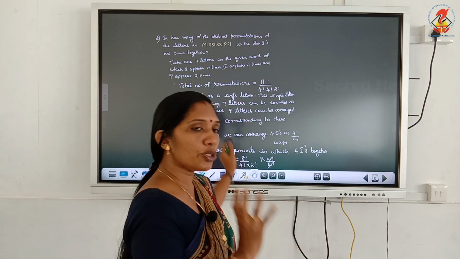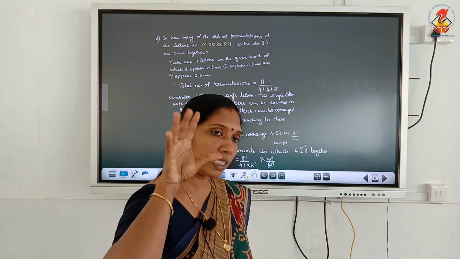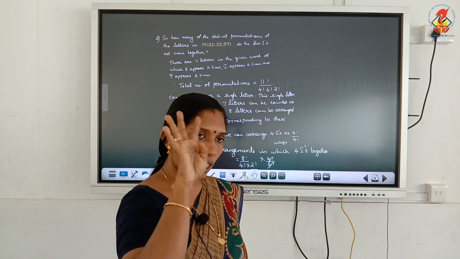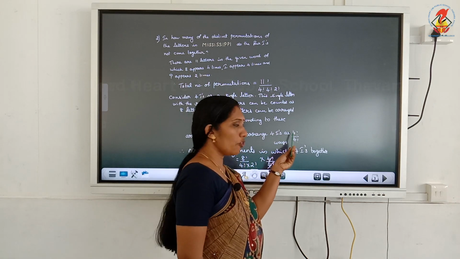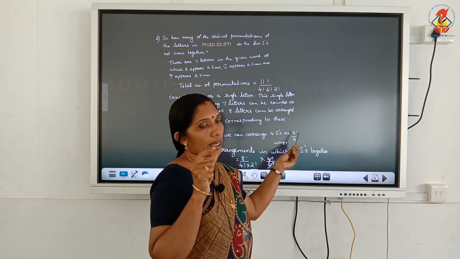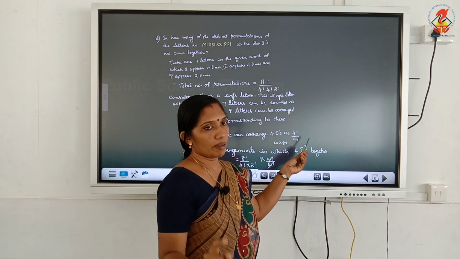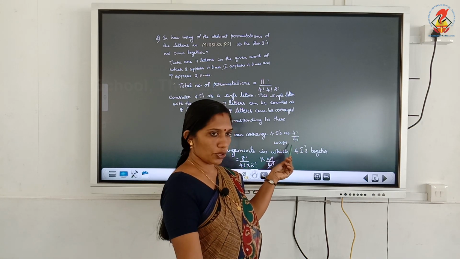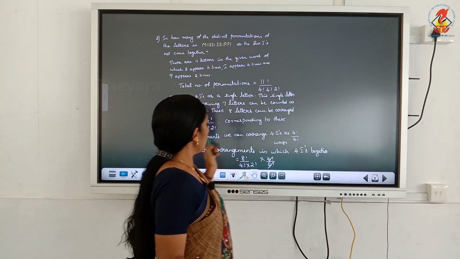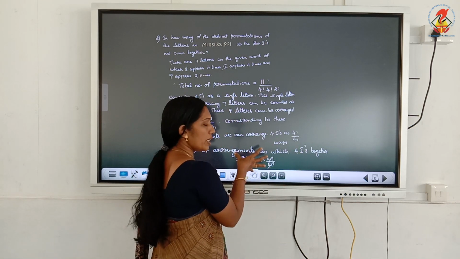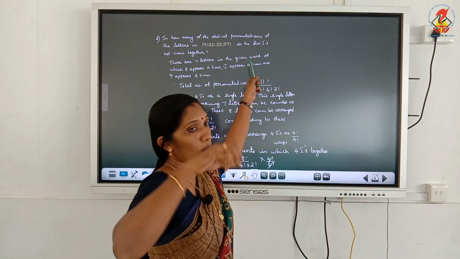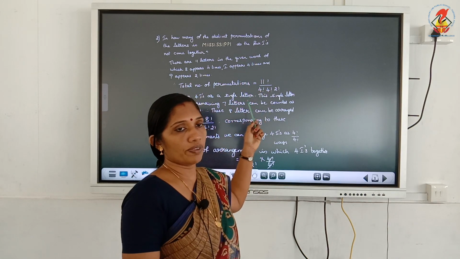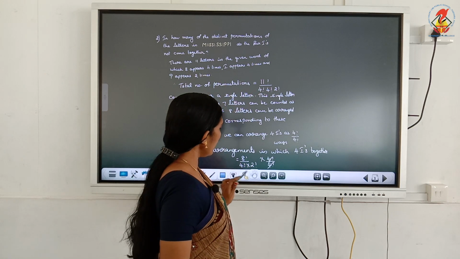Then corresponding to these arrangements, what happened in the single letter? There are 4 letters, 4 places that we can arrange in 4 factorial ways, and I, all letters are same, that is by 4 factorial. So that cancel. So this gives the number of permutations in which 4 i's together. But we need just opposite of that, just complement of that. So you have to subtract from the total.